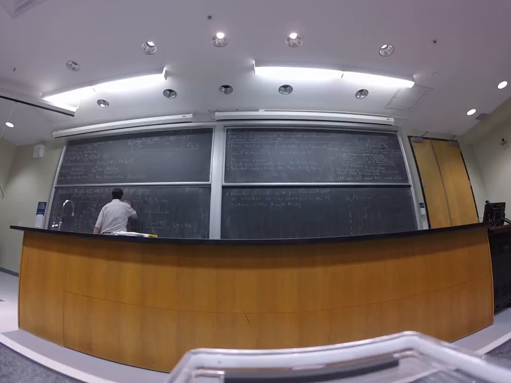Let me erase that. Suppose that I had plus, minus, plus, plus. Sorry, I meant 0 and I said minus. Plus 0, plus, plus. How many 0 roots do I have?